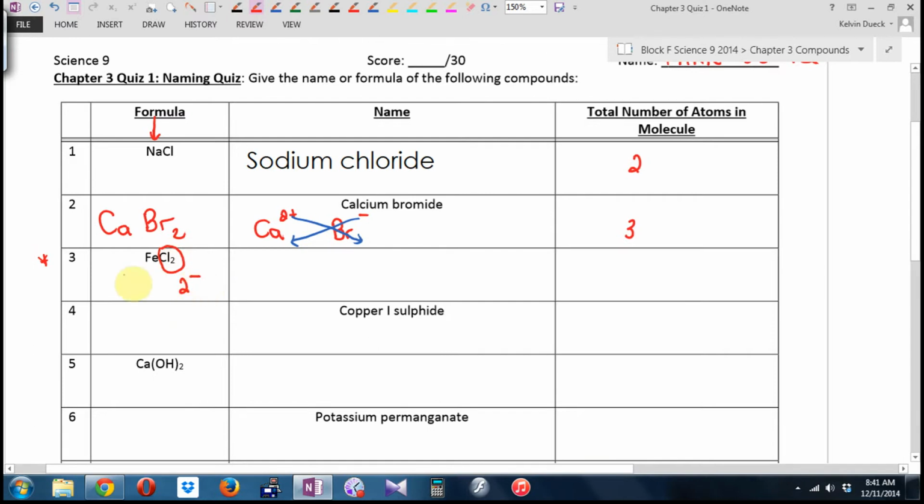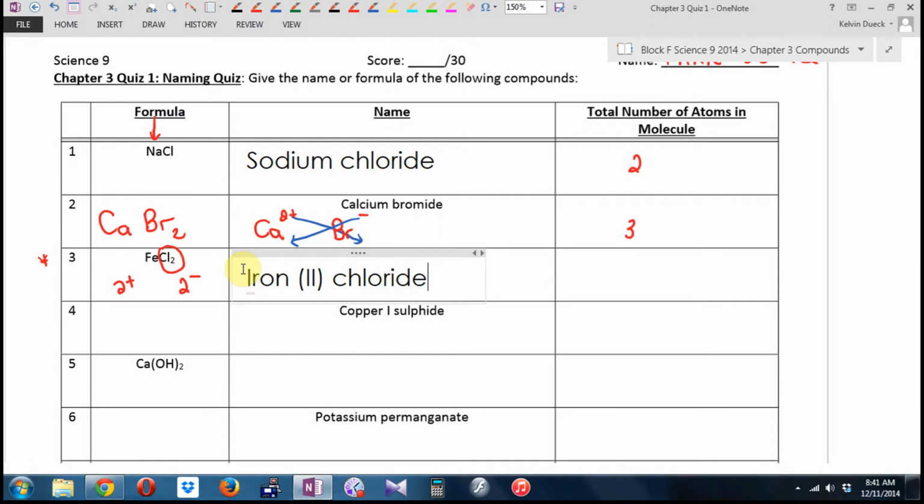For this to be balanced, the total positive charge has to be that. Now, how many irons are there in the front there? It's meant to be obvious. 1. So you know what? It's going to be iron 2 chloride. That iron has to have a charge of 2. Has to. Otherwise, this can't possibly be stable.